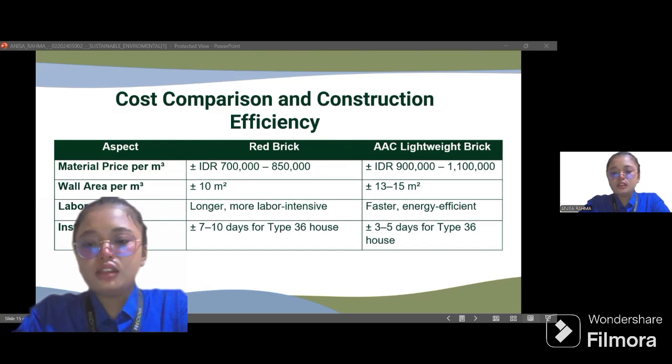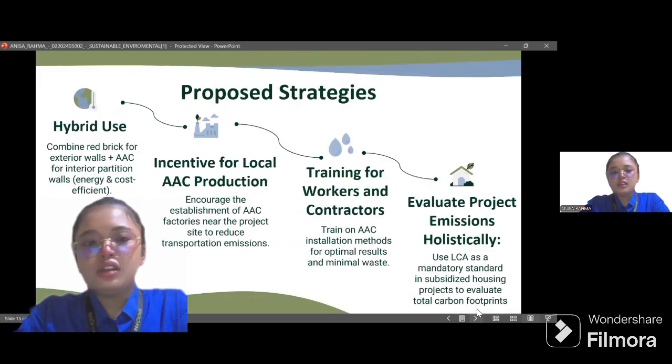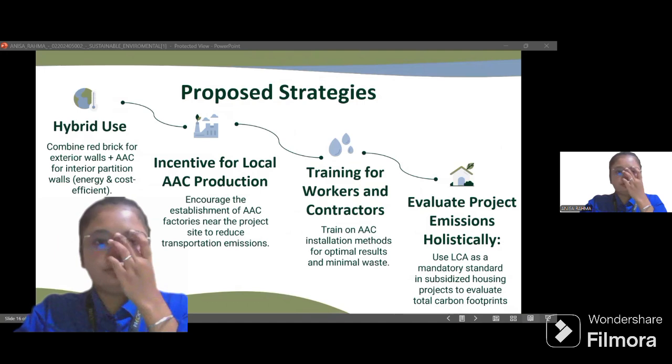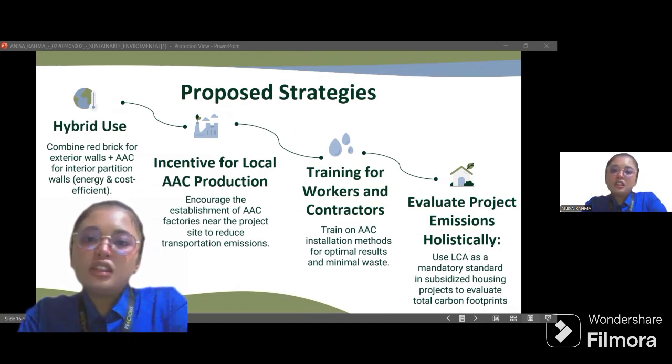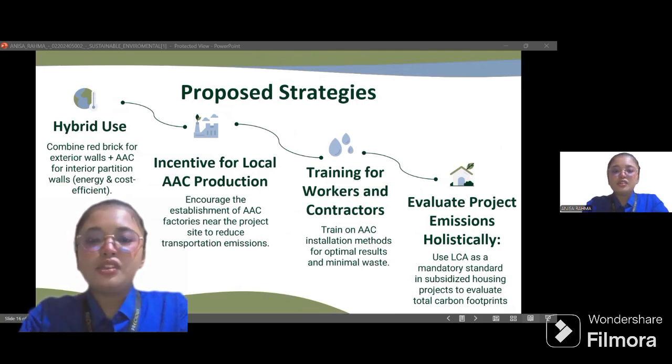And then next slide, I have proposed strategies. This slide serves as a conclusion and practical step from the LCA findings presented in the previous slide.